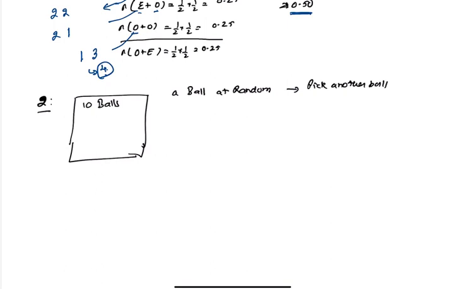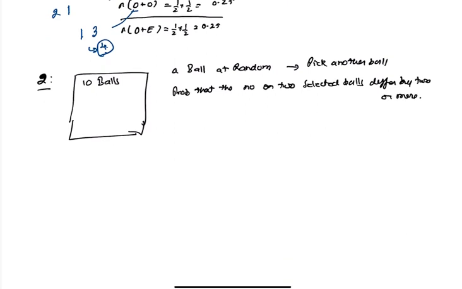Find the probability that the numbers on the two selected balls differ by 2 or more.